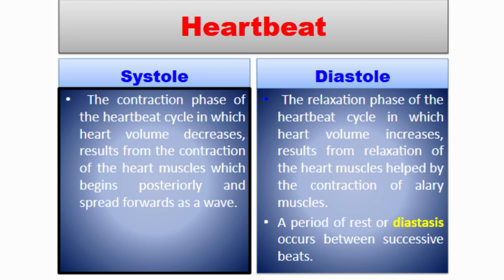Systole, the contraction phase of the heartbeat cycle in which heart volume decreases, results from the contraction of the heart muscles, which begins posteriorly and spreads forwards as a wave. Diastole, the relaxation phase of the heartbeat cycle in which heart volume increases, results from relaxation of the heart muscles helped by the contraction of alary muscles.